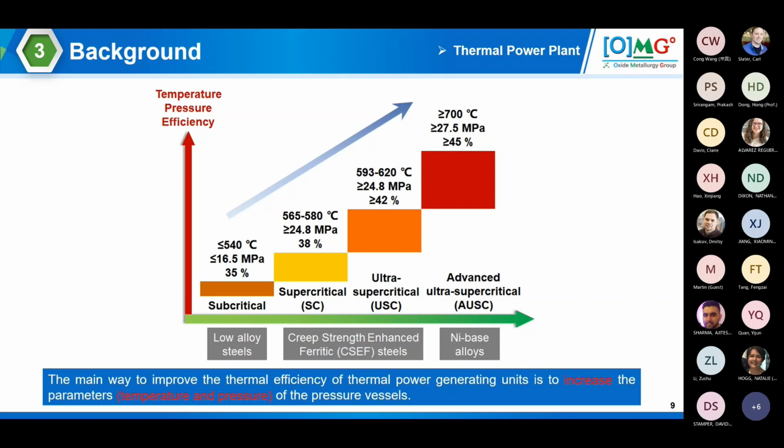And everybody knows this diagram that we are essentially driving the Carnot cycle to increase the efficiency here. Right now, we are in this corner, and we are moving up to above 700 C and above 28 megapascal, to achieve more than 45% heat efficiency, which is essentially driven by the alloy development here.